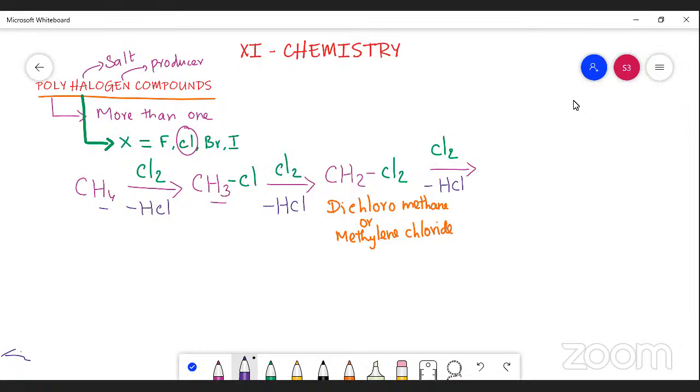Here we are getting CHCl3. And you know the name, it is nothing but trichloromethane, because it is a derivative of methane.